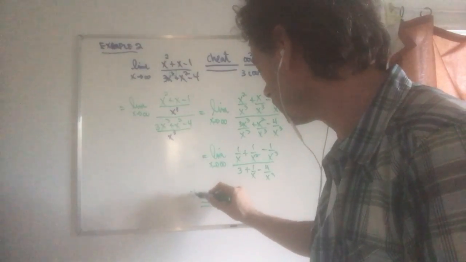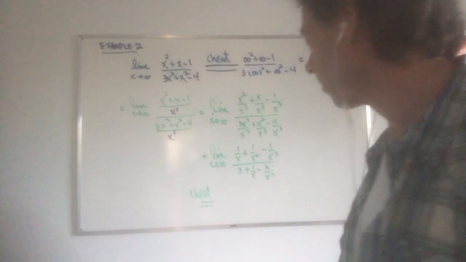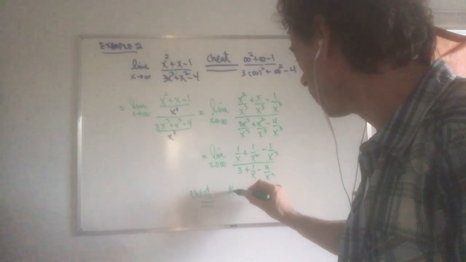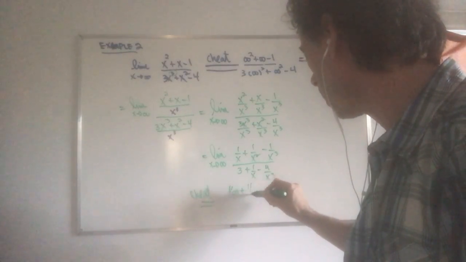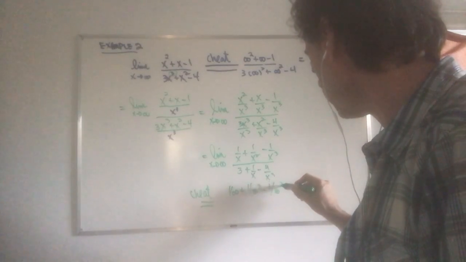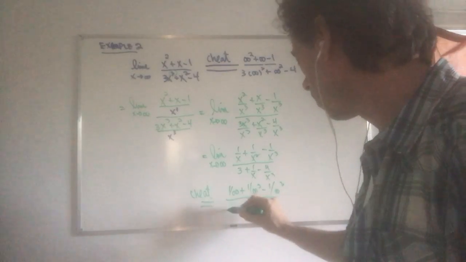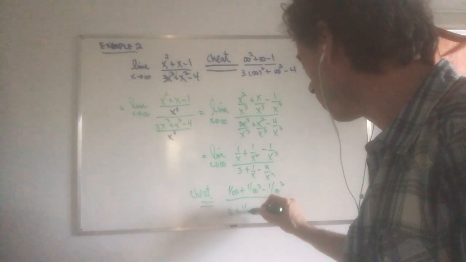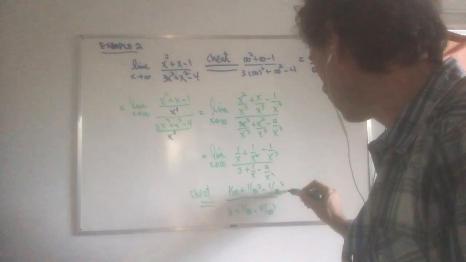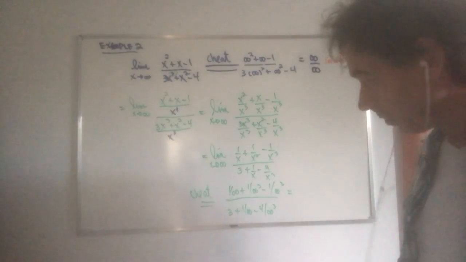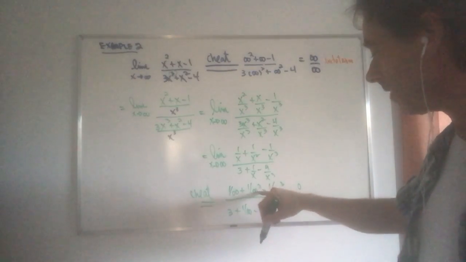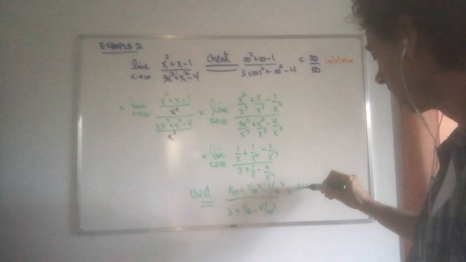Good. It's time to cheat again. We're replacing the limit into this, and we get 1 over infinity plus 1 over infinity squared minus 1 over infinity cubed all over 3 plus 1 over infinity minus 4 over infinity cubed. What's all this? 1 over infinity. 1 over infinity squared, which is infinity squared.